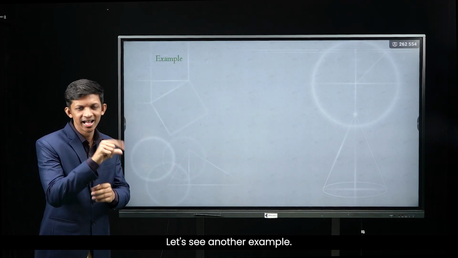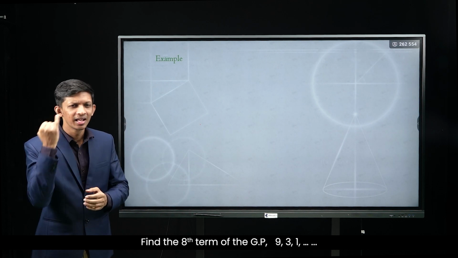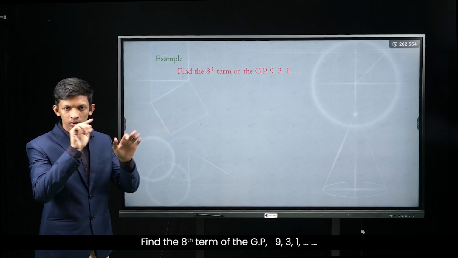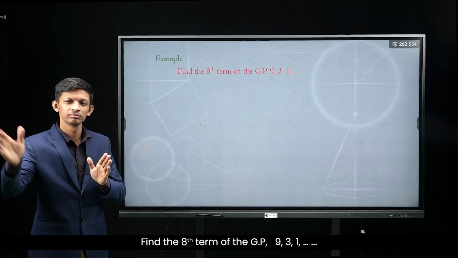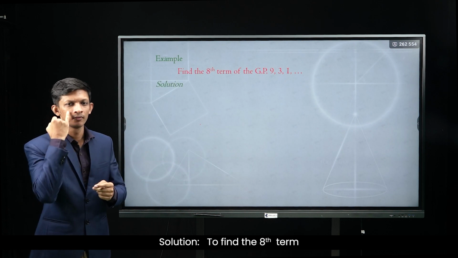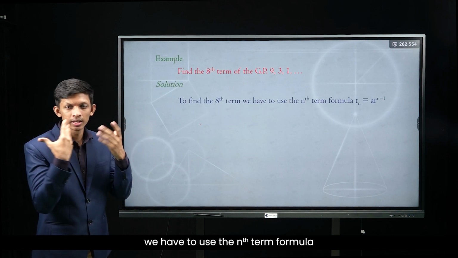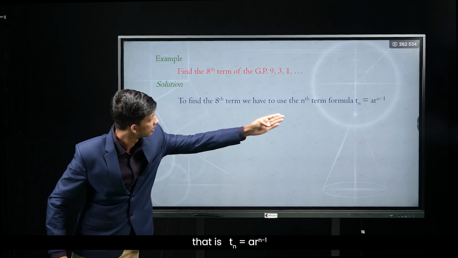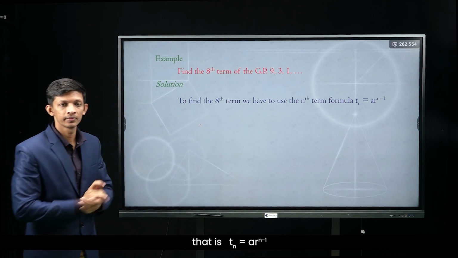Let us see another example. Find the eighth term of the geometric progression 9, 3, 1 and so on. Solution. To find the eighth term, we have to use the nth term formula, that is Tn is equal to A into r power n minus 1.